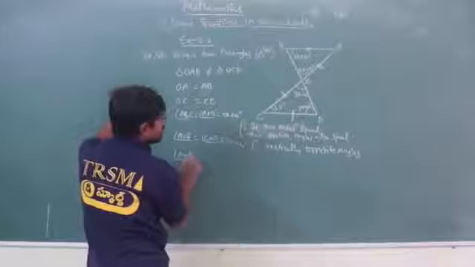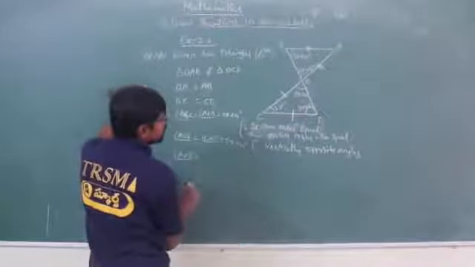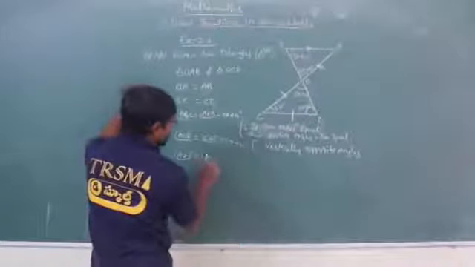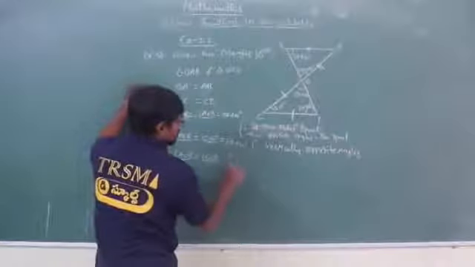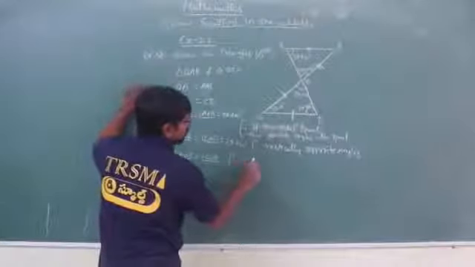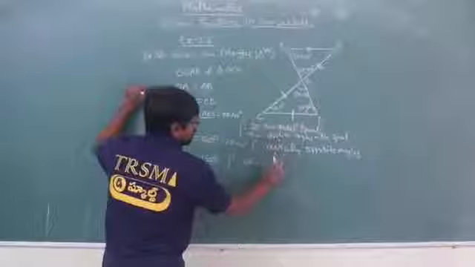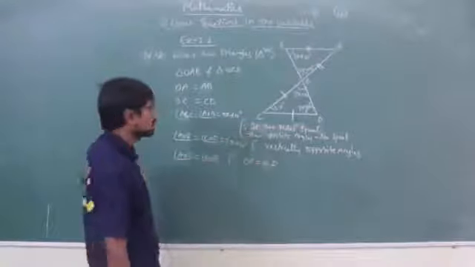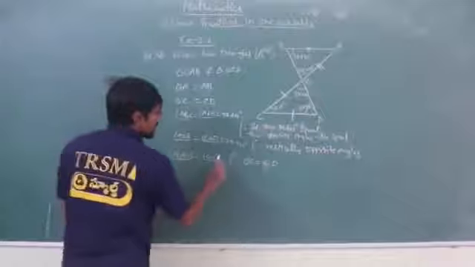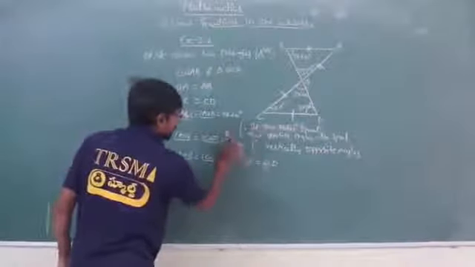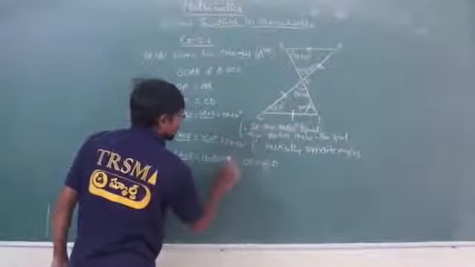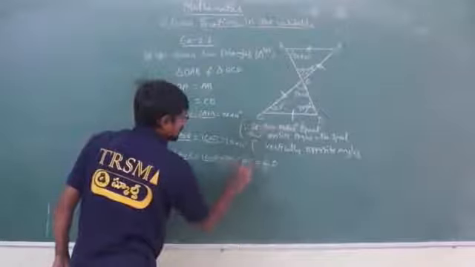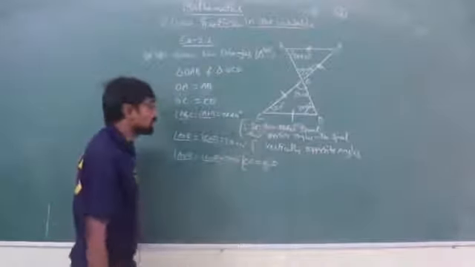Angle AOB is equal to angle COD. Why? Since OC is equal to CD. Directly I have written this condition. So now all these angles are equal, that is 3x plus 10 degrees. Okay, so these are the conditions.